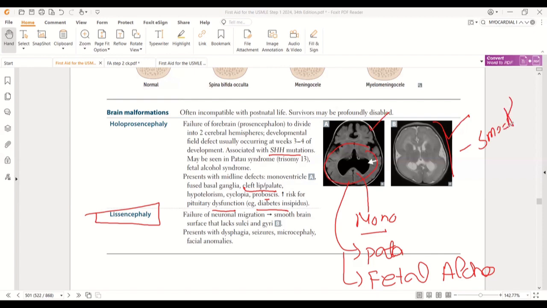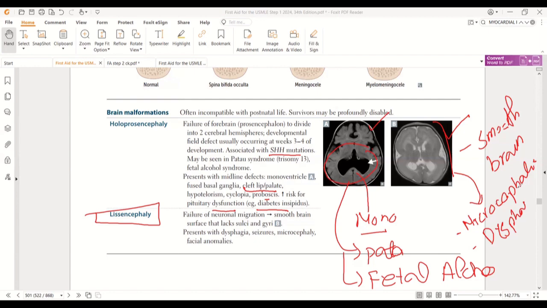It presents typically with microcephaly, a microcephalic child, dysphagia, seizure, and some sort of facial anomaly, right? So of these images, holoprosencephaly is the most high yield one in the brain malformations.